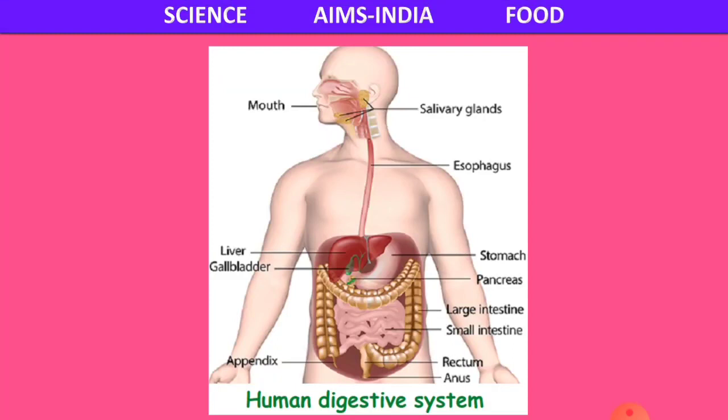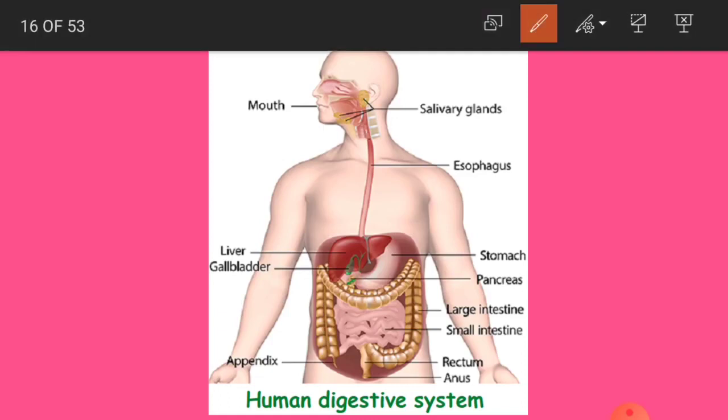See here, how is our digestive system? This is the digestive system. Whatever food we have taken into our mouth, we chew it and break it into small pieces, which then enters our stomach through this food pipe. And where is our stomach? This is our stomach.